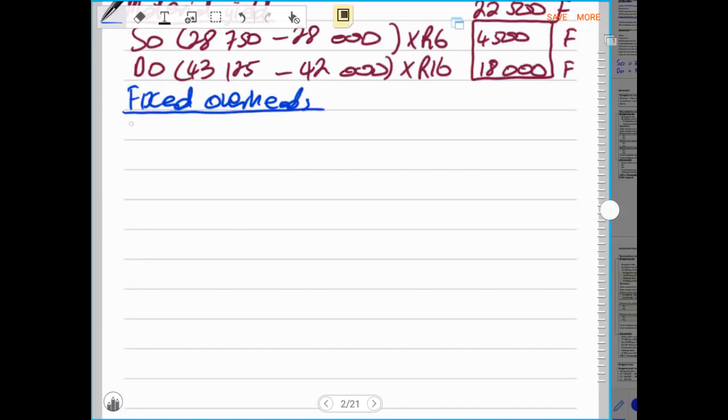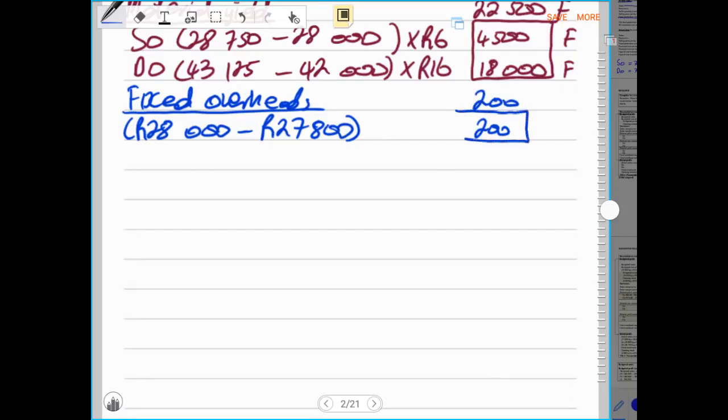Our budgeted was 28,000, and our actual was 27,800, and the variance is 200, as I have shown you. 200 favorable, and the total will be 200 favorable, and that will also be a favorable variance.